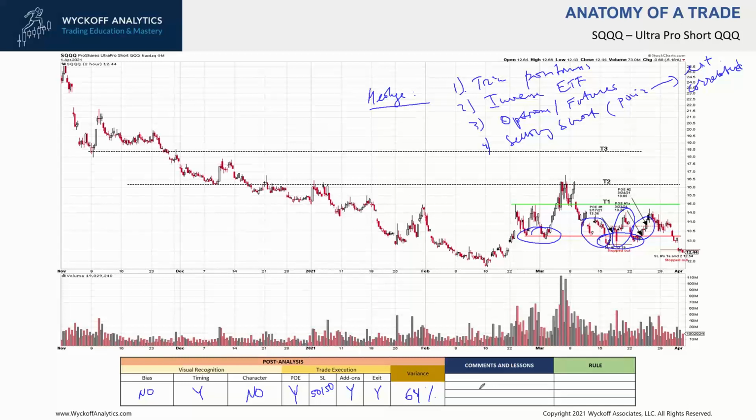Okay. So my comment would also be to look for conditional trades at the top and at the bottom of the trading ranges. Those are going to be a little bit more effective within the trading range itself.